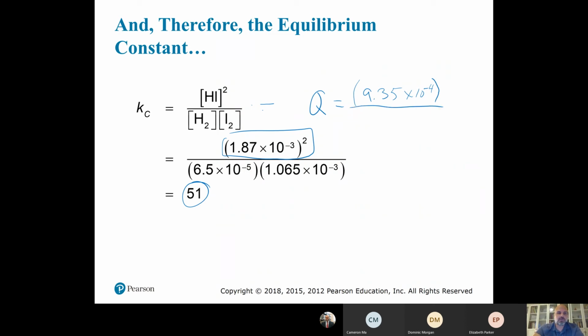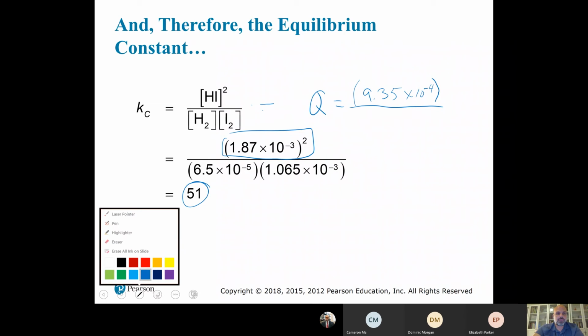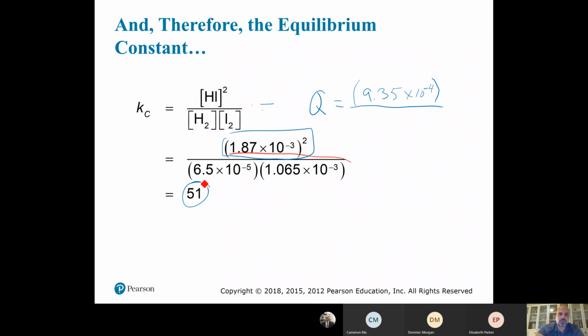And for the ease of writing, just assume the denominator is exactly the same. All I did was divide the concentration by 2. So our reaction quotient after we do the math is going to be 25.5.